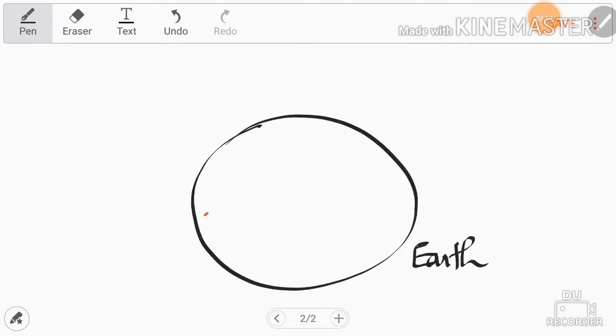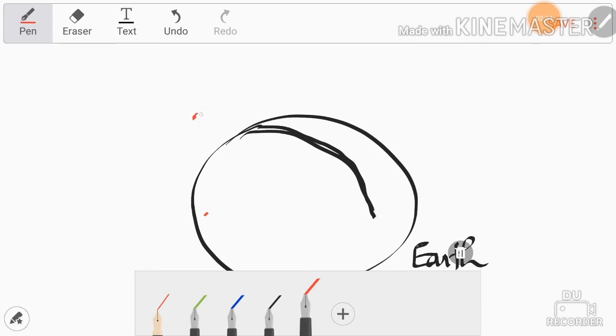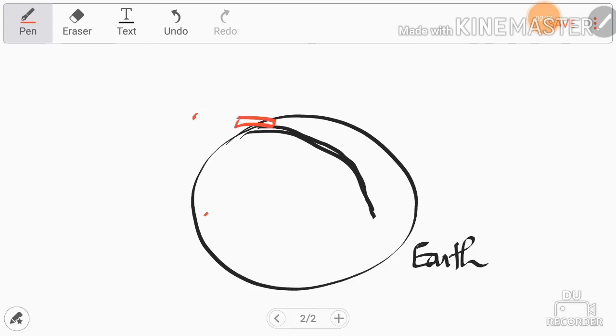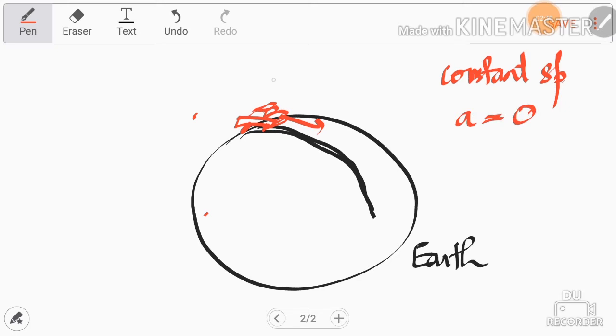Now, imagine this is Earth, and imagine that there is a straight road on the surface of the Earth, and Mr. A is driving a car with constant speed, and hence his acceleration would be 0.